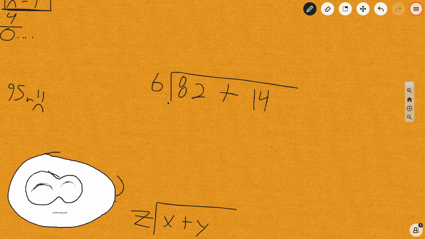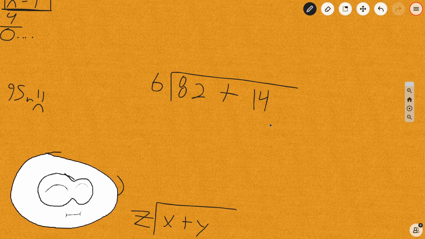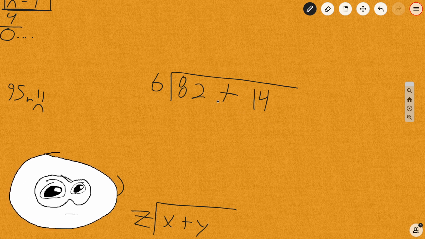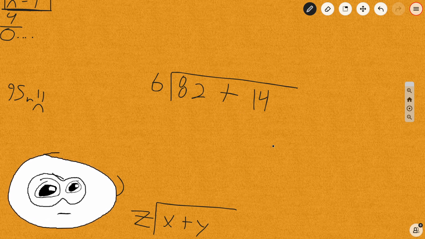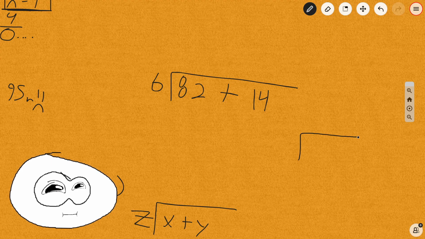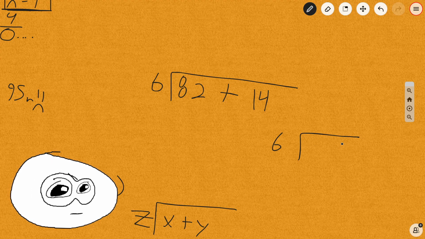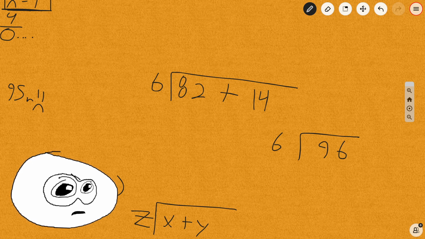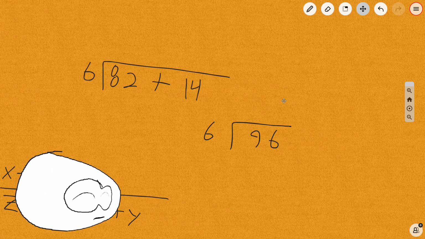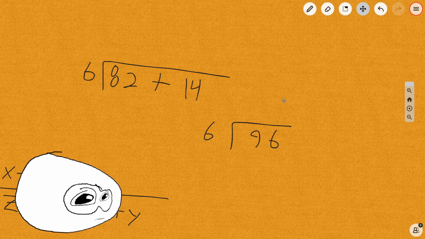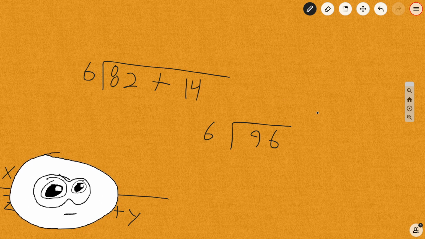Now, normally, you would add these numbers first, right? You would add them first, and then you'd make it shorter and easier to get something like this. 96, right? Sorry about that noise.